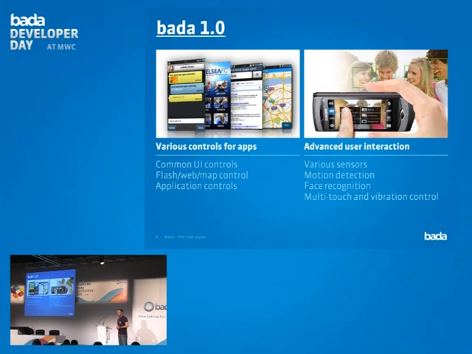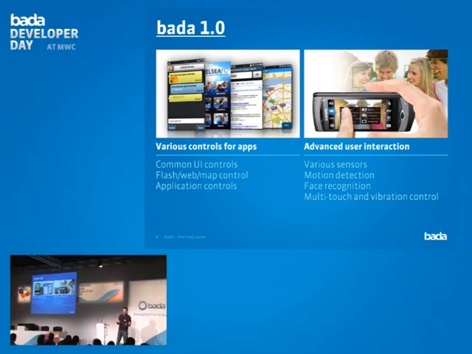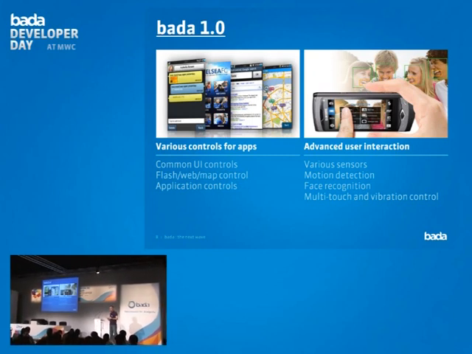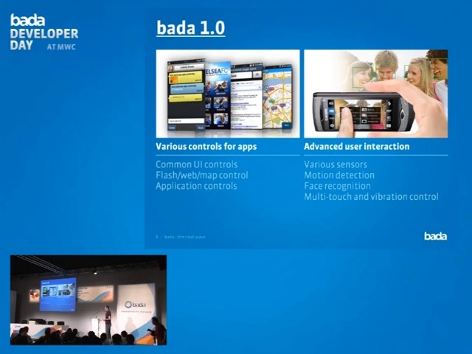But more exciting, we also provide a couple of specific controls, such as a map control, which allows you to integrate map functionality very easily into your bada app. We provide a web control, which allows web browser functionality to be integrated into your app, and also a flash control, which allows you to integrate flash functionality into your application.